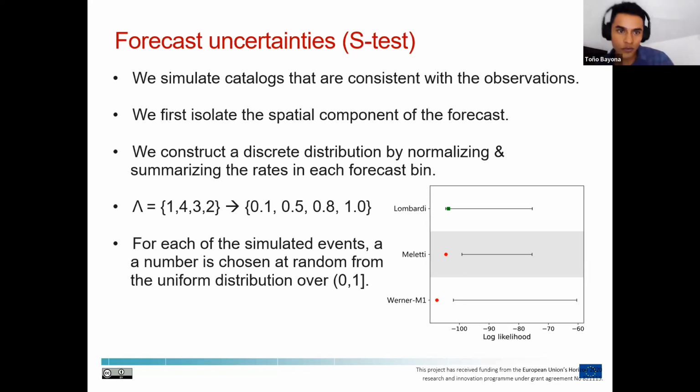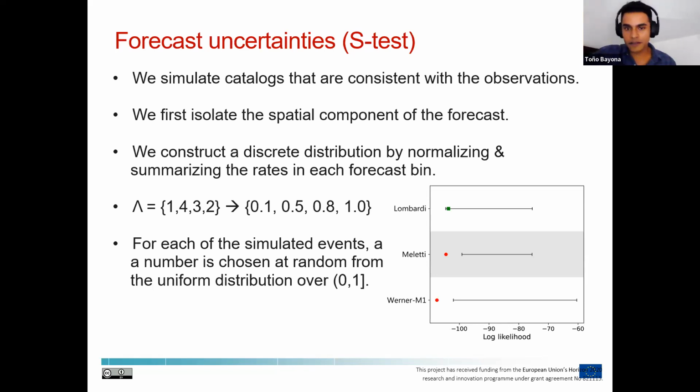So the first thing we do, in the case of the S test, the spatial test, is isolate the spatial component of the forecast by summing over magnitudes, so that we only have the number of expected earthquakes at a magnitude threshold X in each cell.